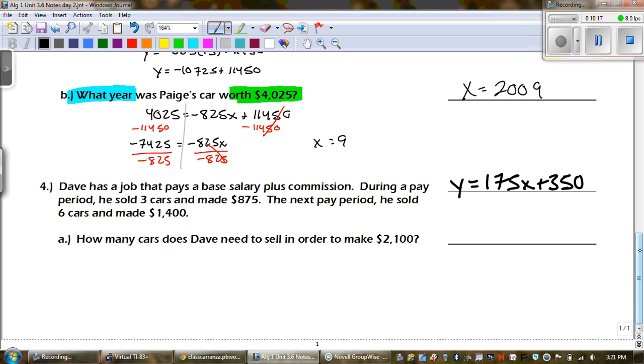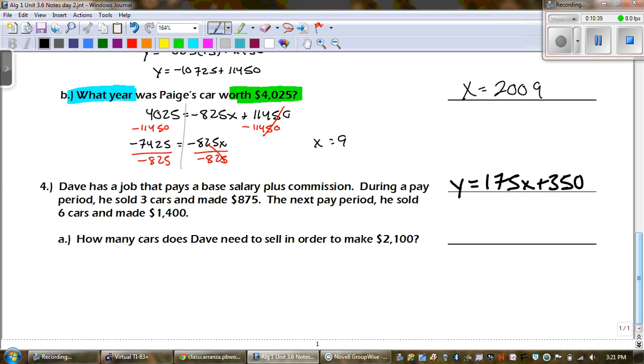All right. Number 4. Yesterday when we did an example like this, we were talking about how certain jobs you get paid commission, where the more you sell, the more money you make. But you're not always going to sell things, so you do get a base salary.